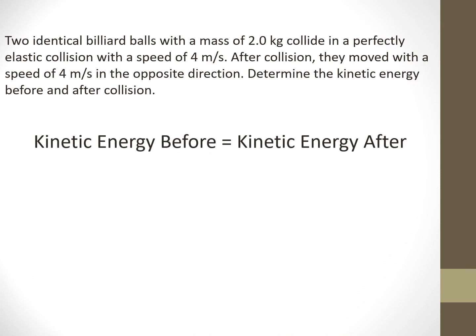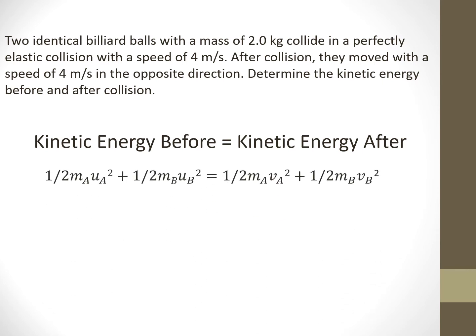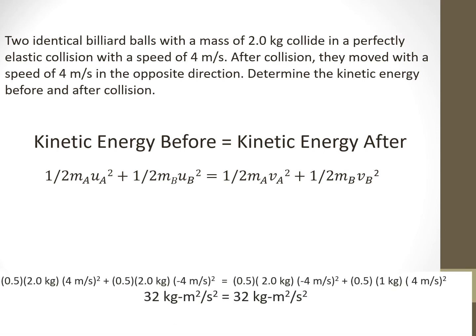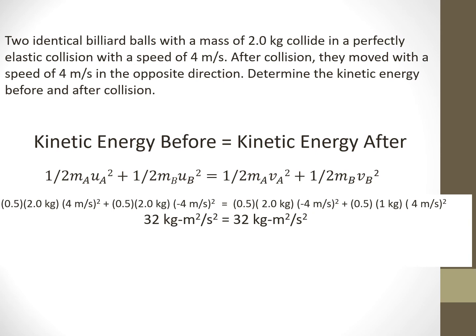So kinetic energy before is equivalent to kinetic energy after. Using the equation 1/2 ma ua squared plus 1/2 mb ub squared is equivalent to 1/2 ma va squared plus 1/2 mb vb squared, we can substitute the given quantities and arrive at a final answer of 32 kilogram meter squared per second squared, equivalent to 32 kilogram meter squared per second squared.